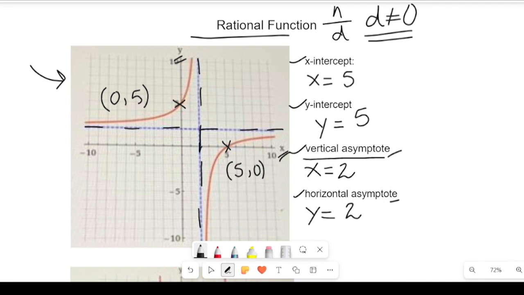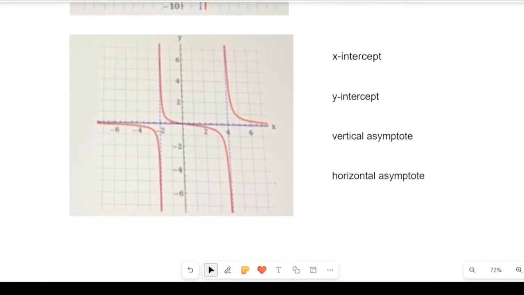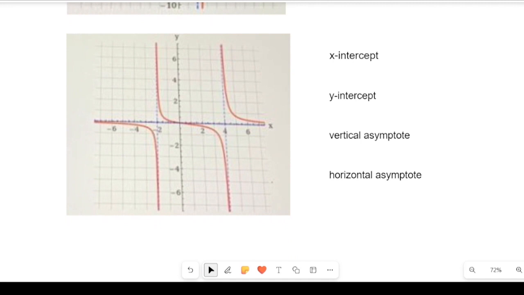Let's move on to the second example. Here we have another rational function, and we're going to find the x-intercept of this function. The x-intercept is the point on the x-axis where our curve intersects.